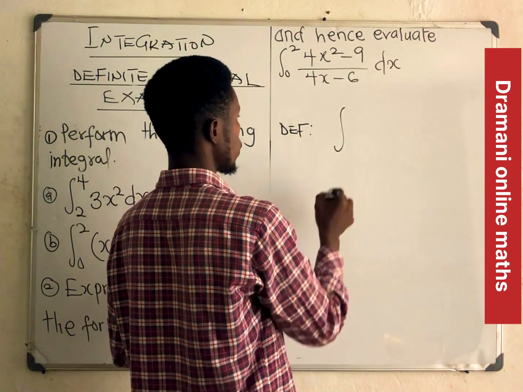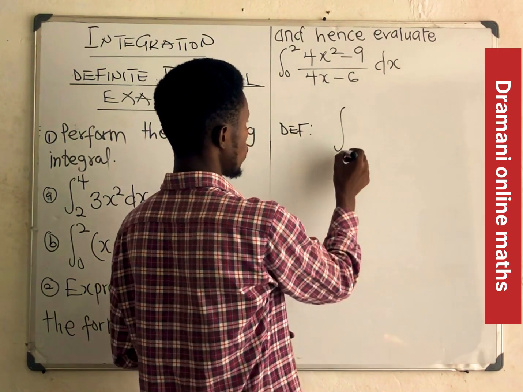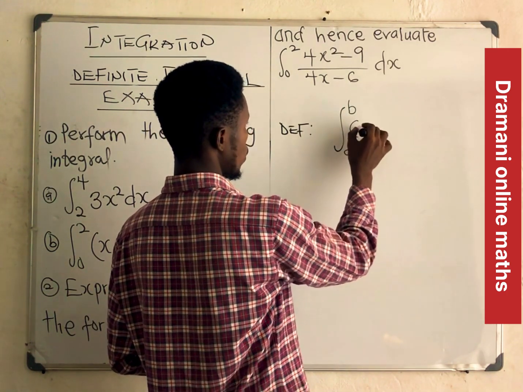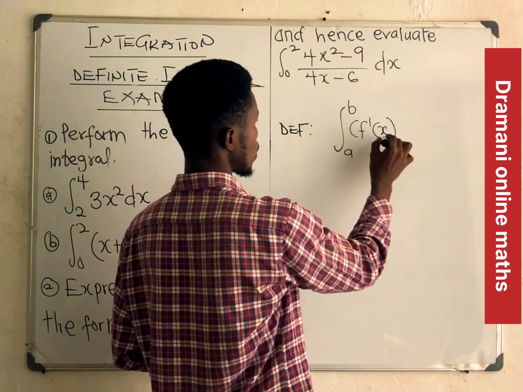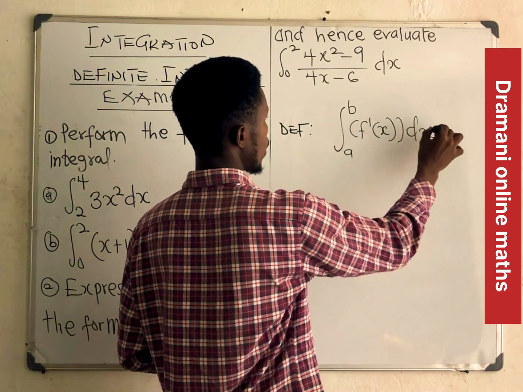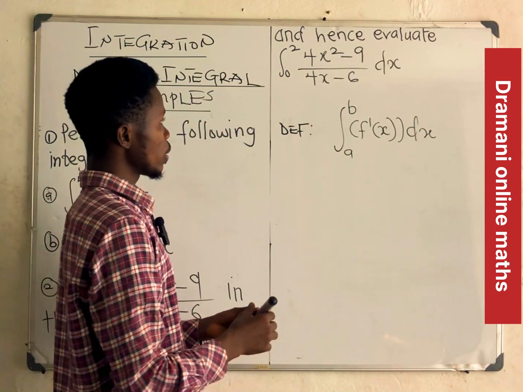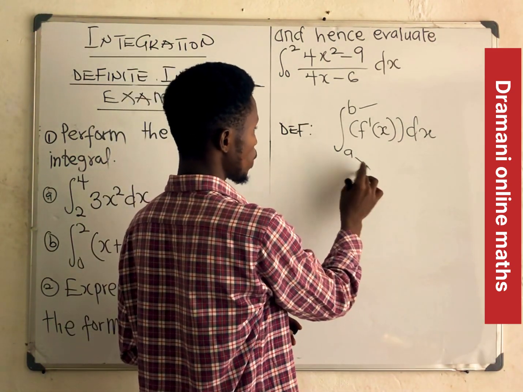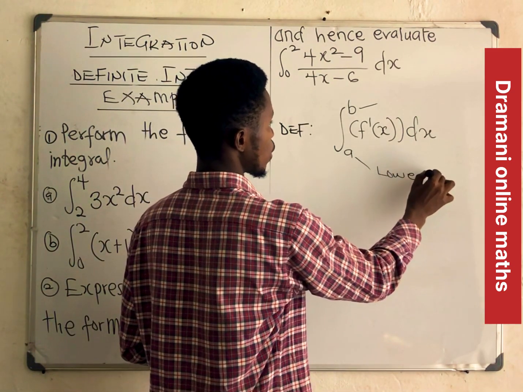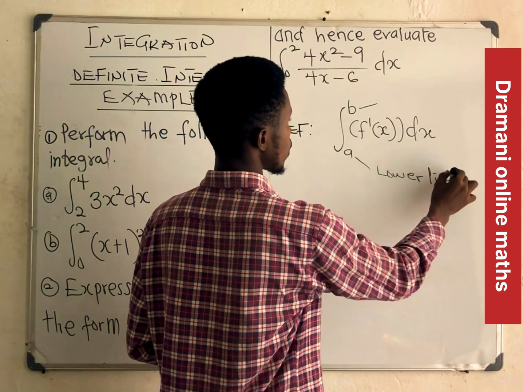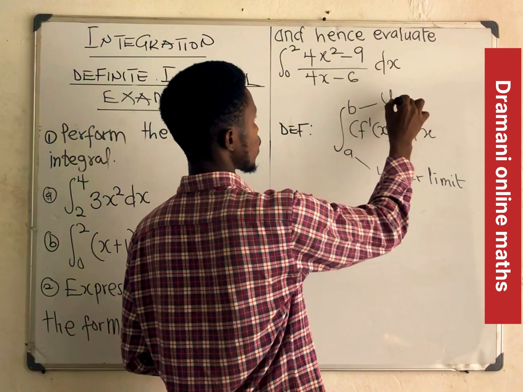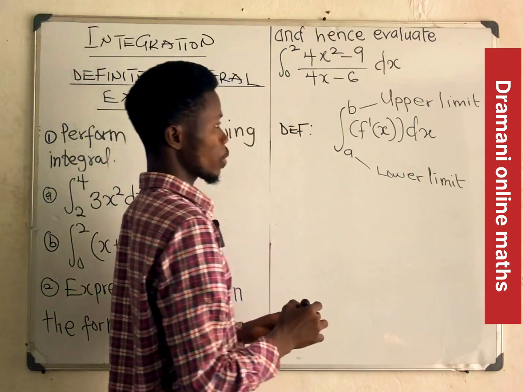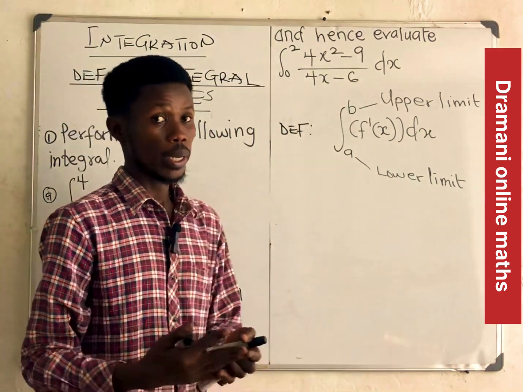If I have this integral, where this is a, this is b, of let's say f prime of x dx, the b here and the a here are the limits. The down limit is called the lower limit. The top limit is called the upper limit. Now, how do we calculate with the limits?